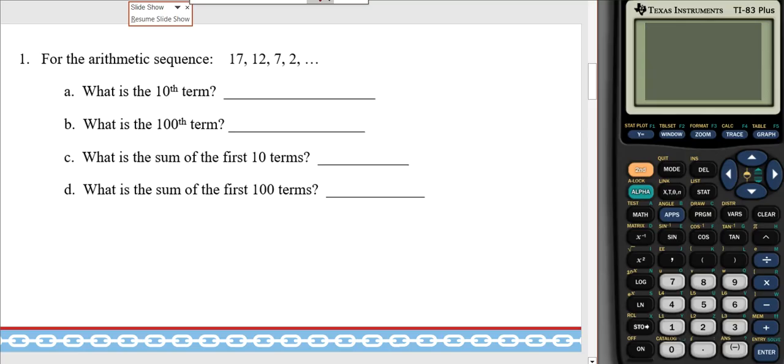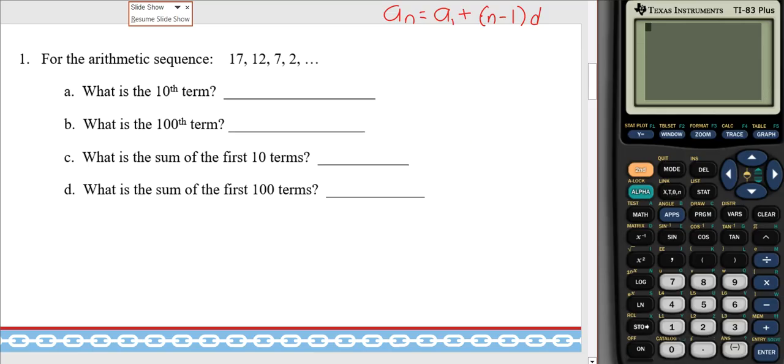So for our arithmetic sequence, we can find any term by taking the first term and adding it to our common difference multiplied by n minus 1. That shows up on your formula sheet like that. We will use that formula, and we will also use the formula for the sum of terms.